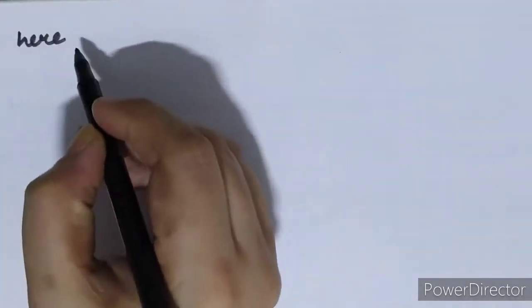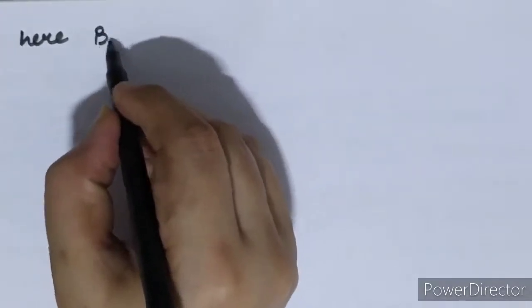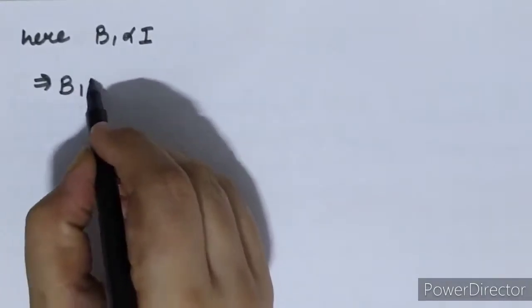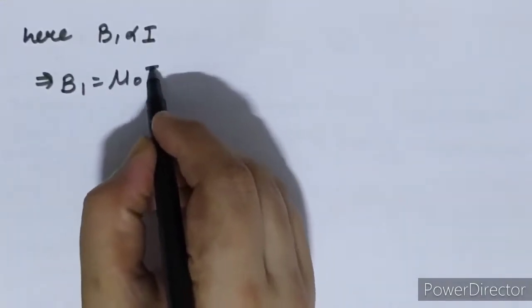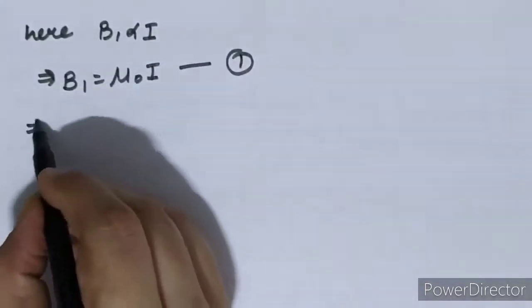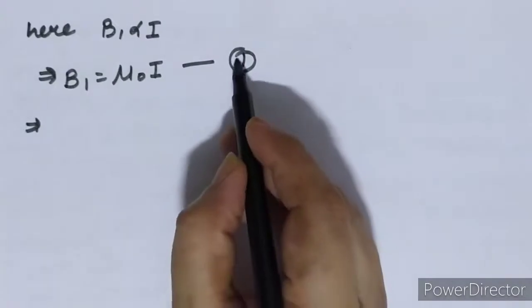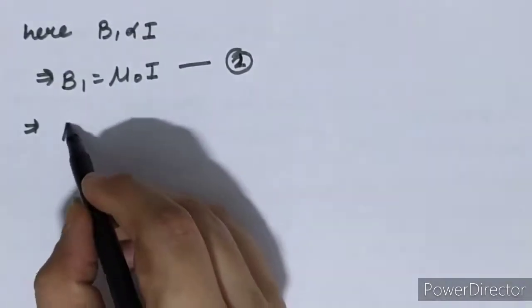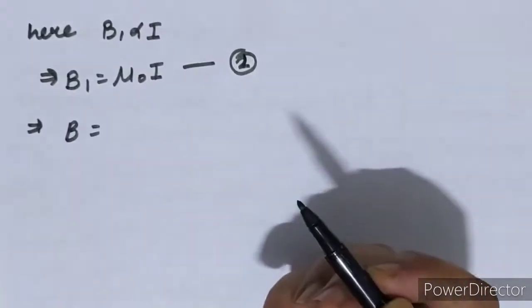Now here B1 is directly proportional to the intensity of magnetization, and when we remove the sign of proportionality there is a constant, that is mu naught I. Equation number 2. Then put the value of B1 in equation number 1. Equation number 1 is B equals B naught plus B1.